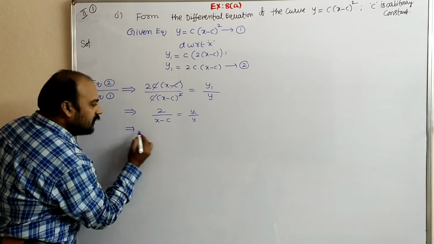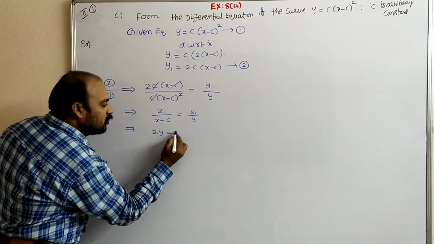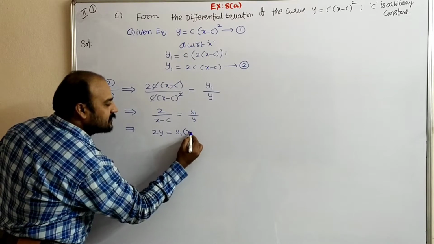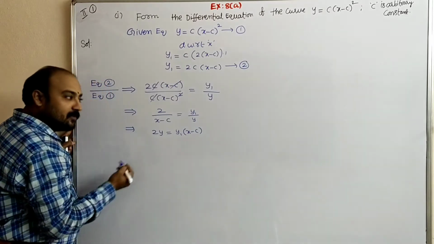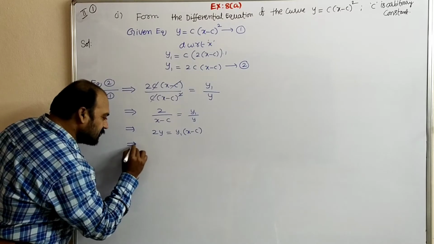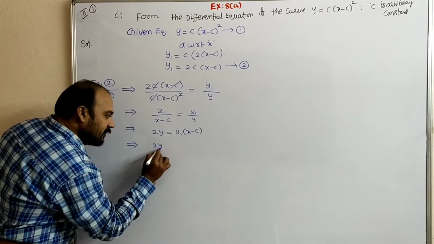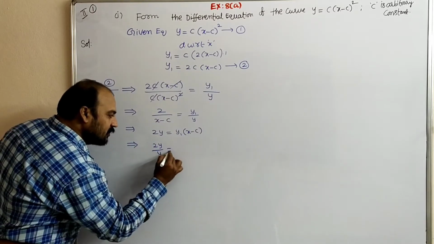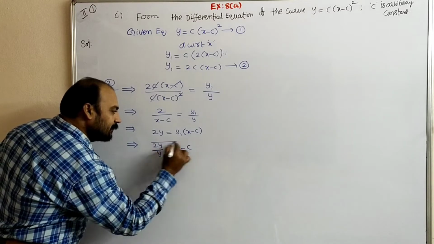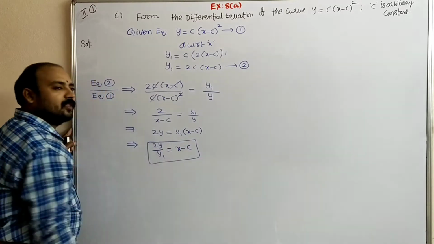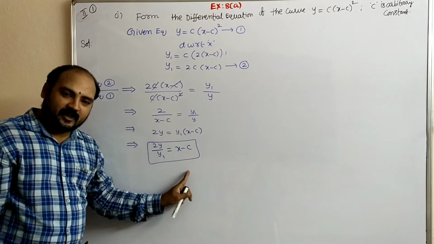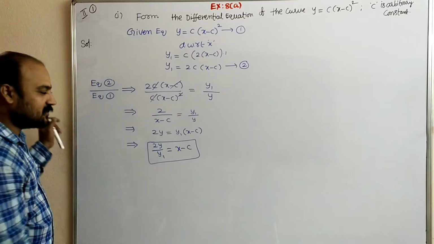Cross multiply: 2y equal to y1 into x minus c. From that, make x minus c the subject. So 2y divided by y1 is equal to x minus c. After that, make c also the subject.